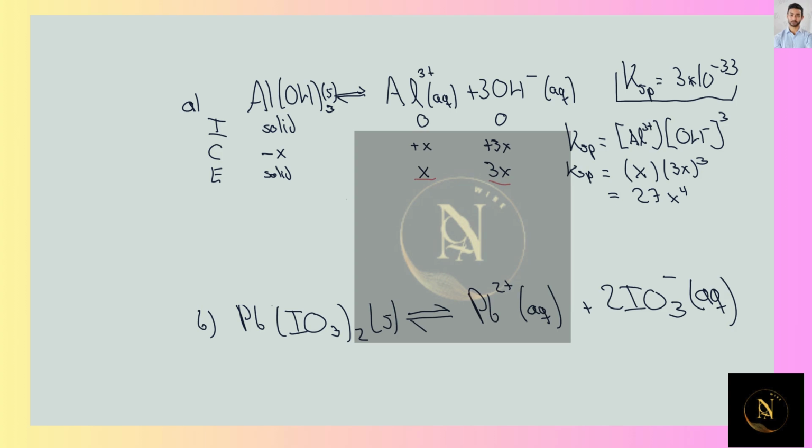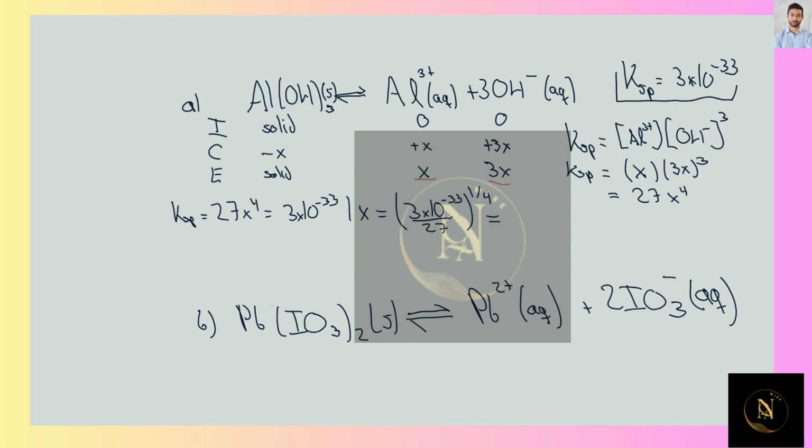Now we can take our value for KSP and solve for x. This is 27x to the 4, and this is 3 times 10 to the minus 33. This means that x is 3 times 10 to the minus 33 divided by 27, all of this elevated to the 1/4.